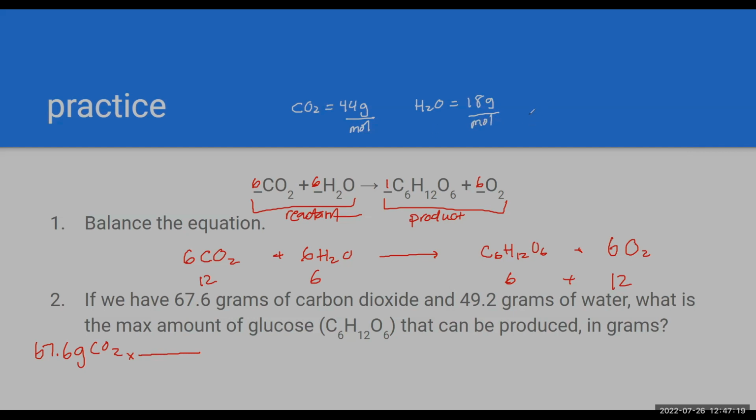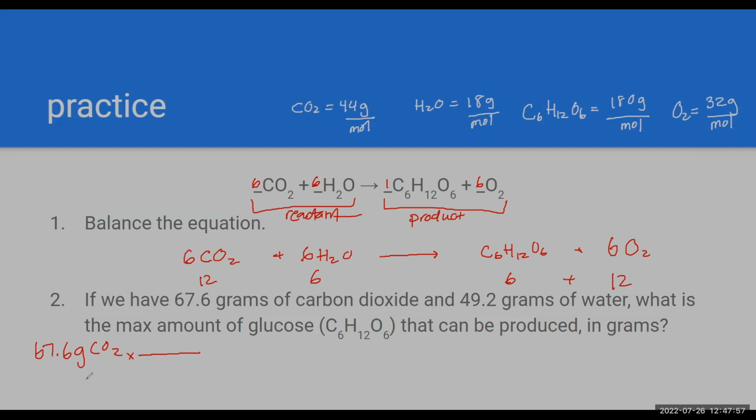And glucose is going to have a molecular weight of roughly 180 grams per mole. And O2 is going to have a molecular weight of 32 grams per mole. So I'm just going to use those values for my conversion factors. Those numbers could definitely be a little bit more precise.